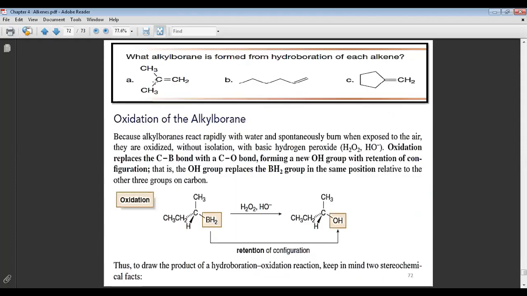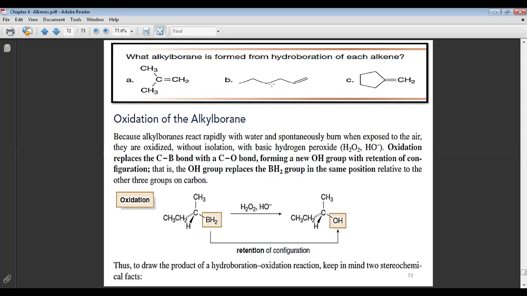Now, what alkyl boron is formed from the hydroboration of each alkene? Now, you have this alkene. Symmetrical? No, not symmetrical. That means the BH2 will bond to here, to the less substituted carbon, the carbon with more hydrogens.